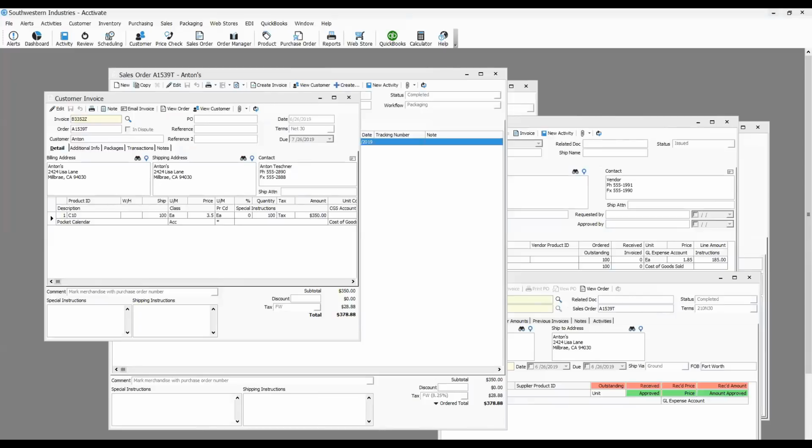Okay, on the dropship example, how do you confirm that the quantity that was shipped, or the actual, was different than what was ordered?